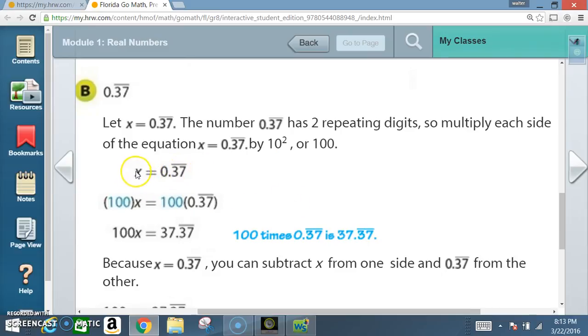So we multiply both sides. Here I get 100 times x, and here I get 100 times 0.37. Now 100 times x is just 100x. 100 times 0.37 means I move the decimal 2 places, 1, 2. So I end up with 37.37.